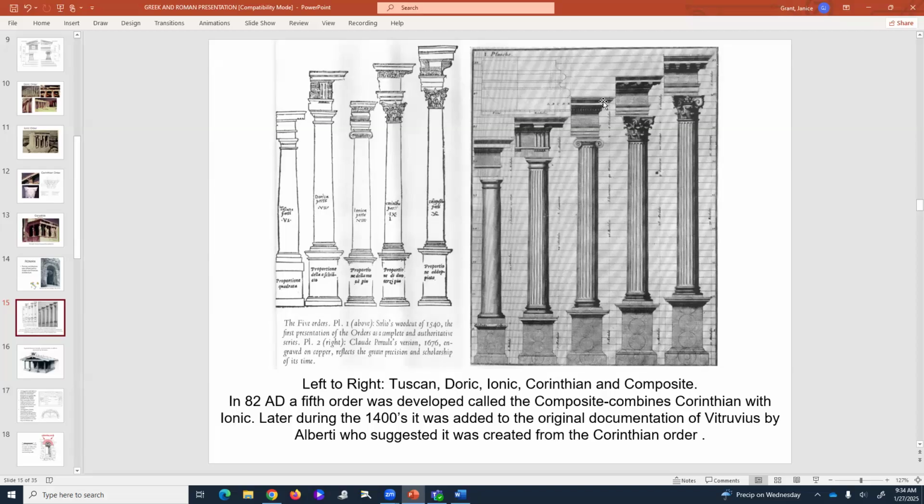But if you see from left to right, the Tuscans actually had an even plainer column, stripped of those little indents or lines in the column, these flutes. So the first one here is Tuscan, and then you have the Doric, Ionic, Corinthian, and then something called composite. Composite is like taking the Ionic and the Corinthian and putting them together.